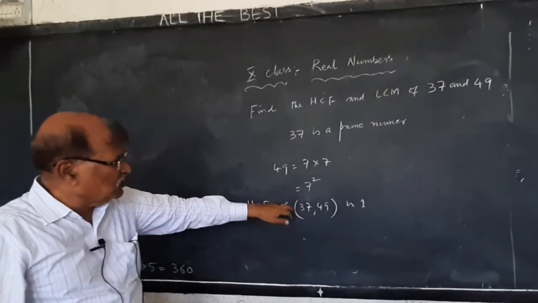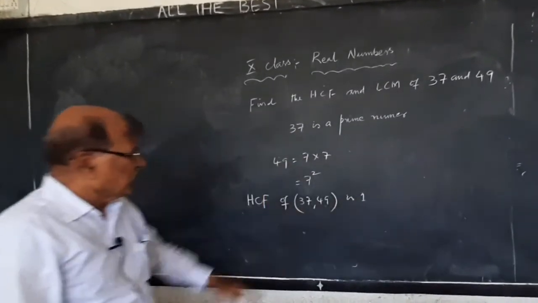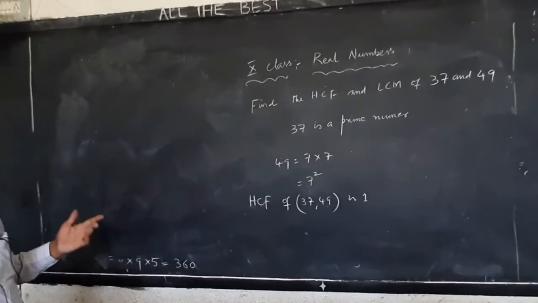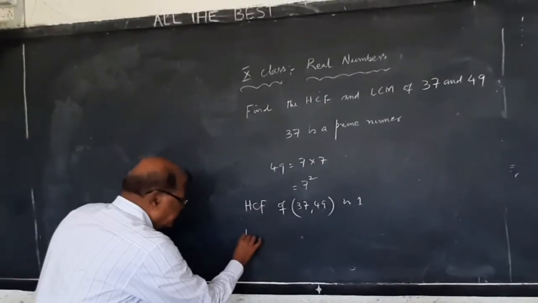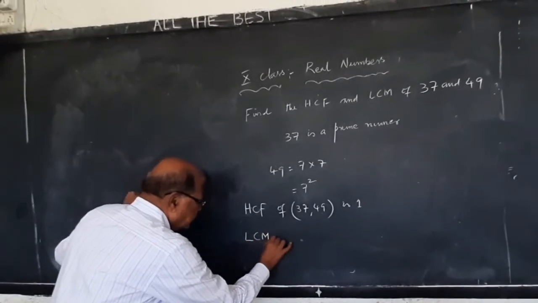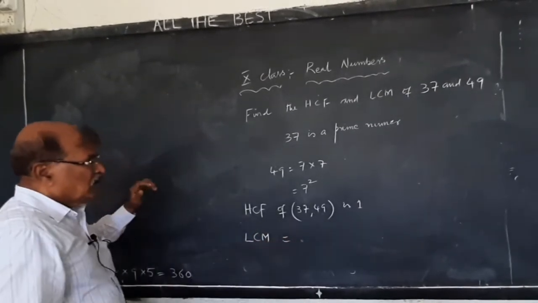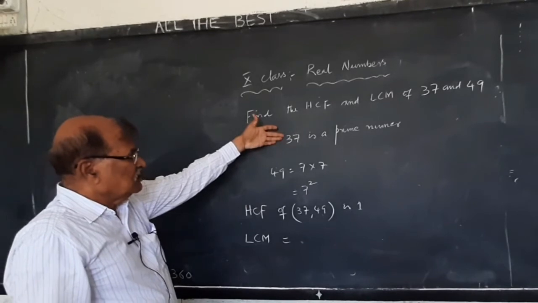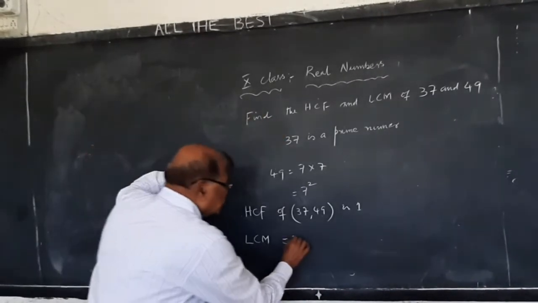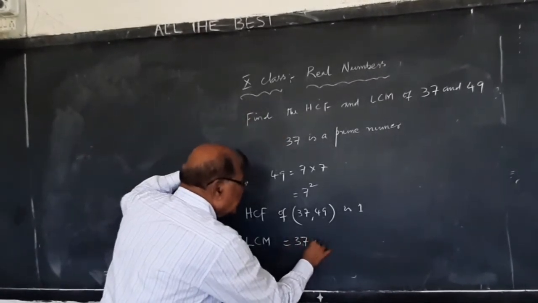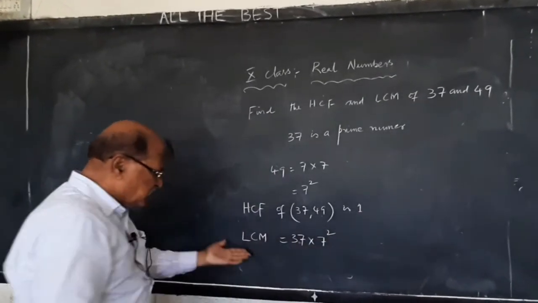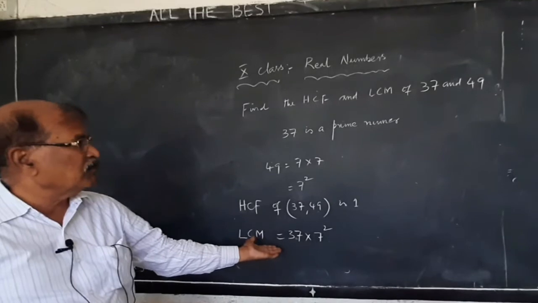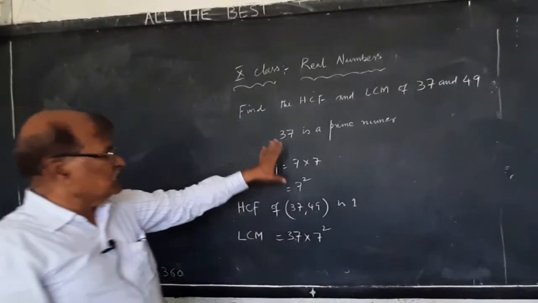The HCF of these two numbers is 1. But when we take the LCM, it is the product of the highest powers. Here we should take 37 into 7 square. Multiply this and you will get the LCM. So the HCF is only 1.